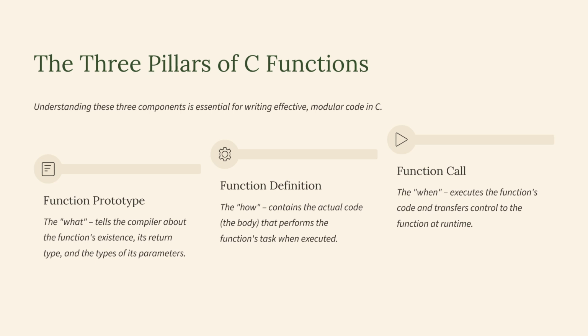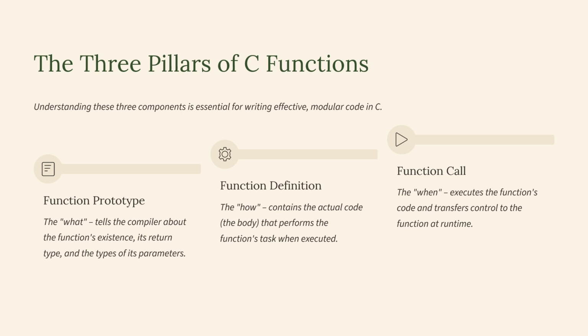The function prototype, the what, informs the compiler about a function before execution begins. It tells the compiler about the function's existence, its return type, and the type of its parameters. In other words, it specifies what type of value the function returns, what the name of the function is, and the types of parameters it accepts.